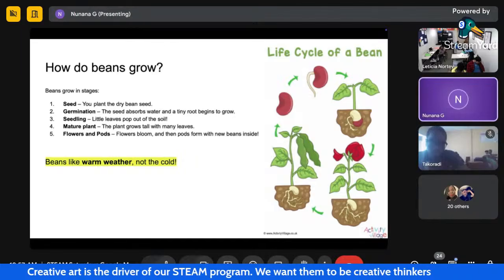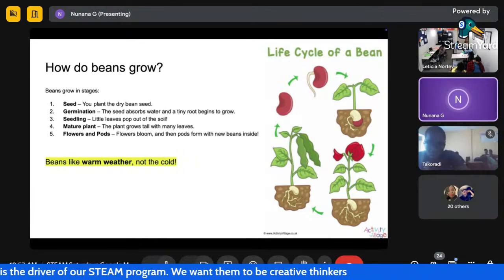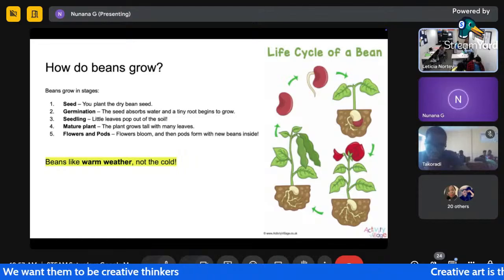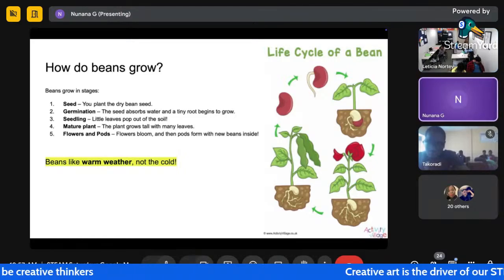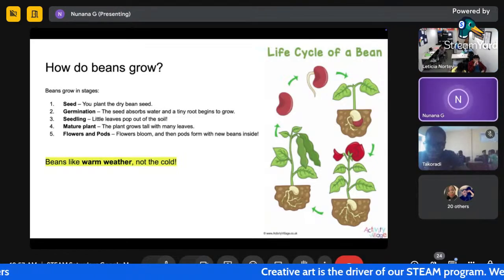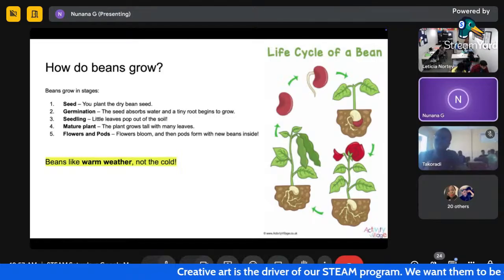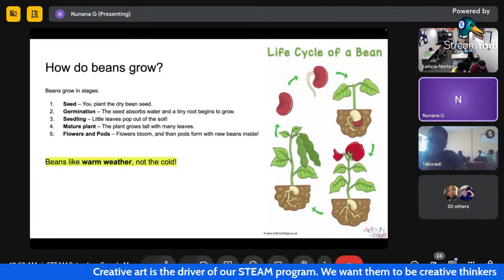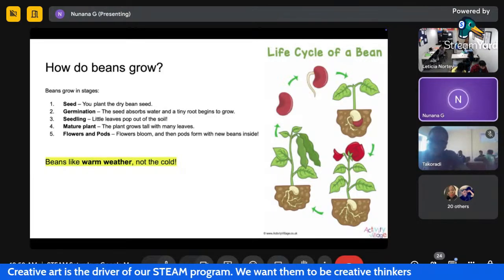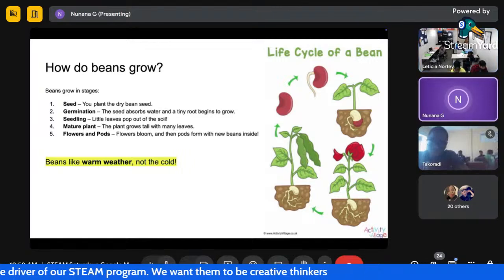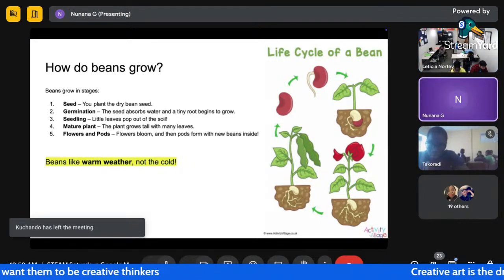And then step 2 is what? It germinates. So the seed absorbs water from the soil and also from the sunlight, or we're going to see from the indoors now, right? It absorbs energy from its source, whether sunlight or from artificial light.